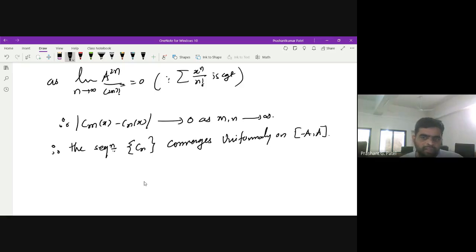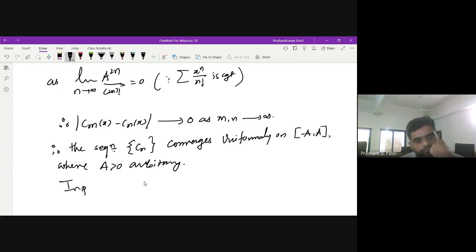And since a is arbitrary, the value of a is anything, and it is uniform convergence, so it has to converge to some function.